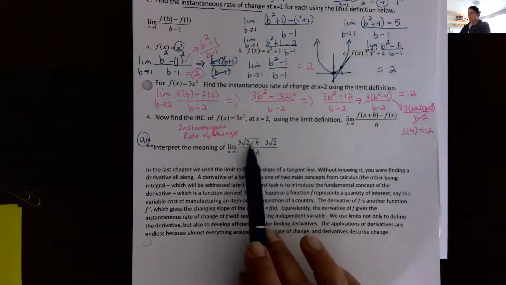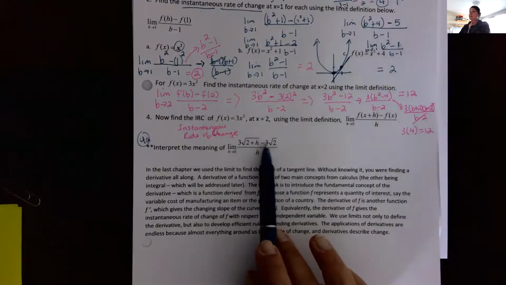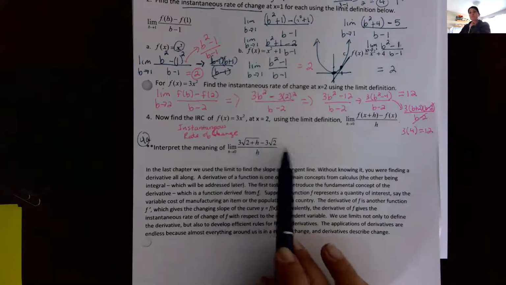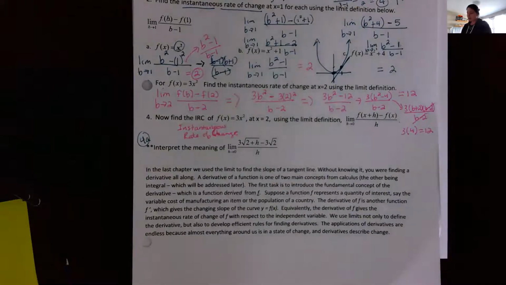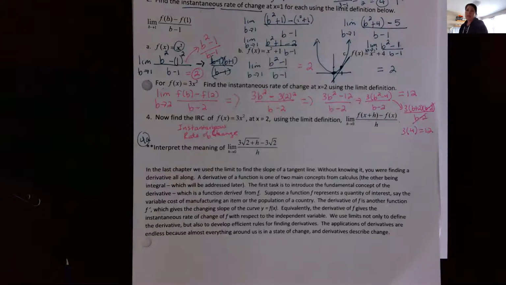I also see a 2 plugged in. I also see a 3 as a coefficient. So what this problem is doing is it's taking two ideas in one, and actually it's a shorthand. So if you want to pause and think about it yourself and try and write something down, and then unpause to see what the answer was, take that time.